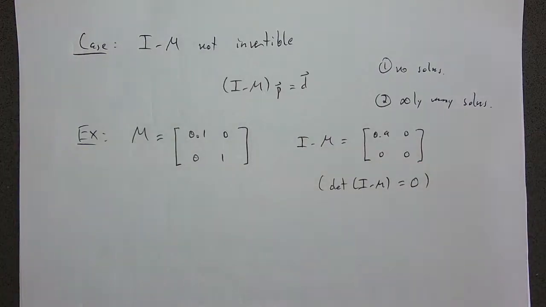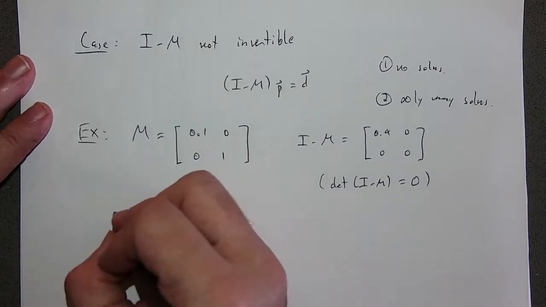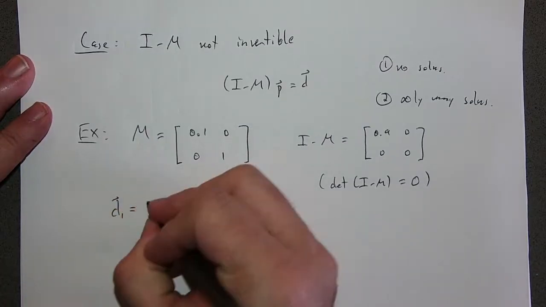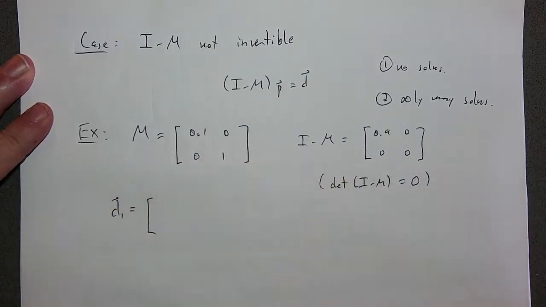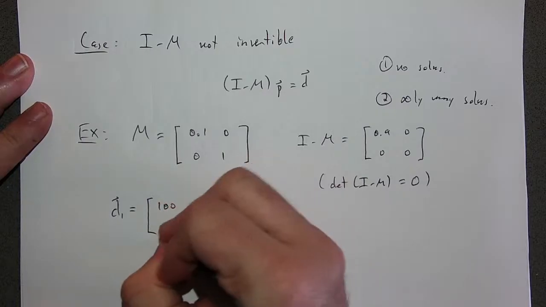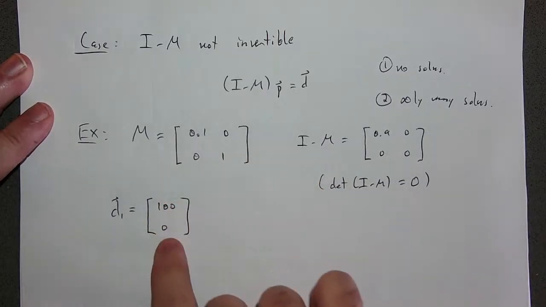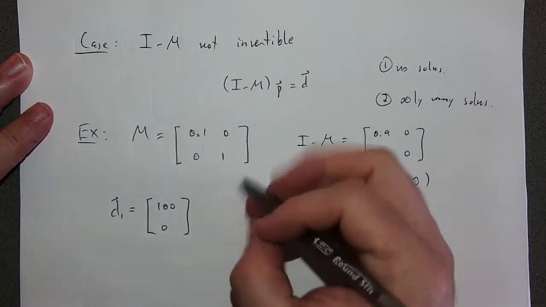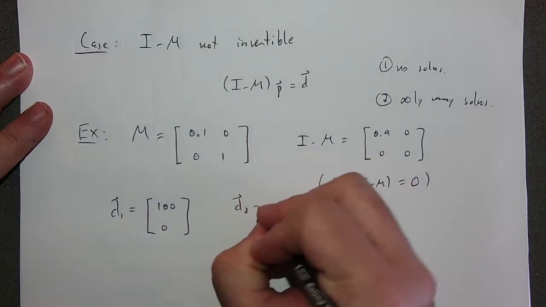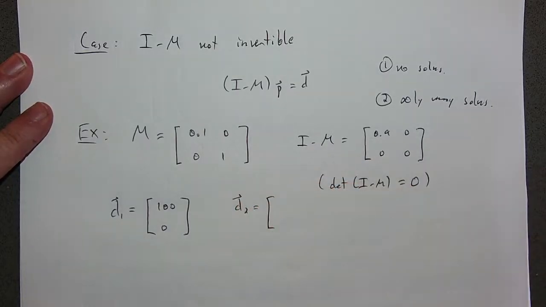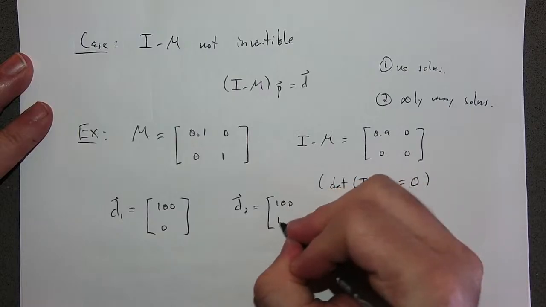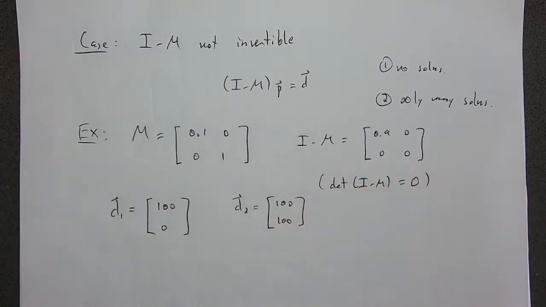So not invertible. Consider two separate external demand vectors. Let d sub 1 be the vector 100, 0. So there's a demand of 100 units for product 1, 0 units for product 2. And let d sub 2 be the external demand vector 100, 100, so that there's a demand of 100 units for each of the products here.